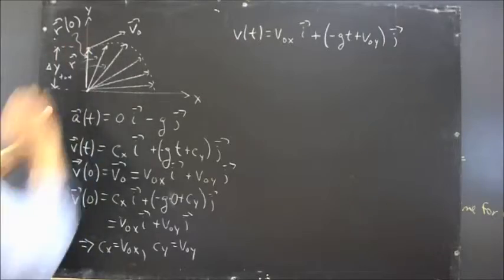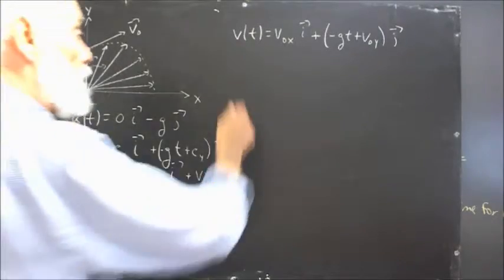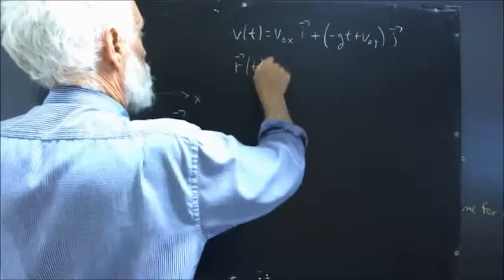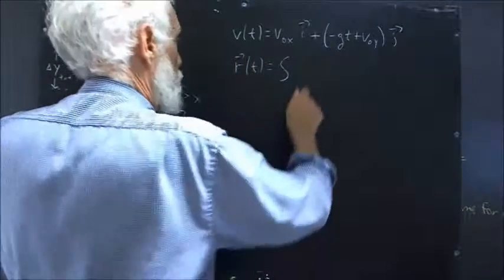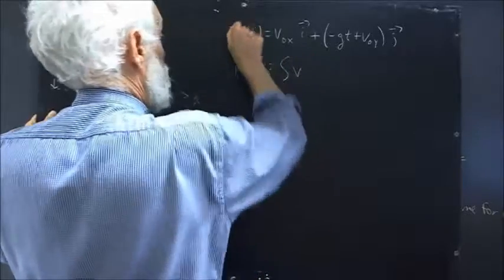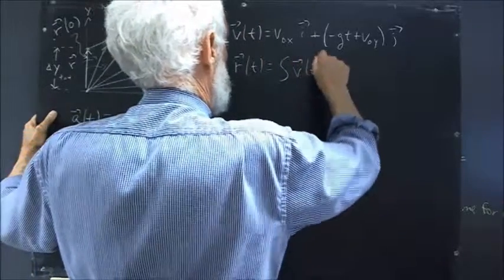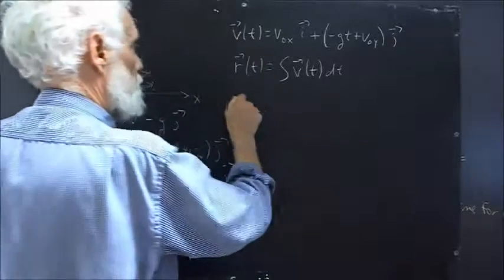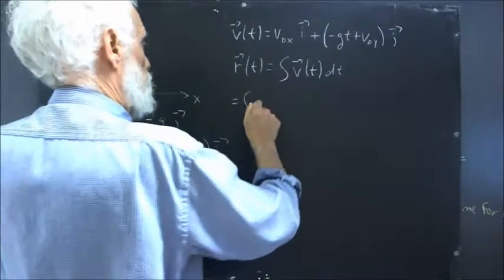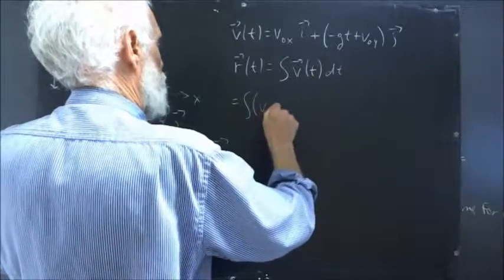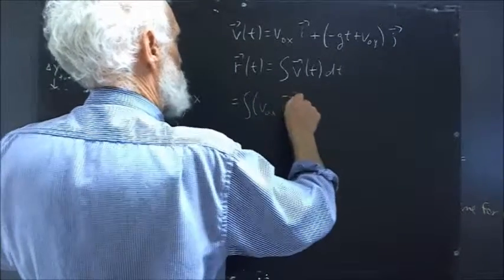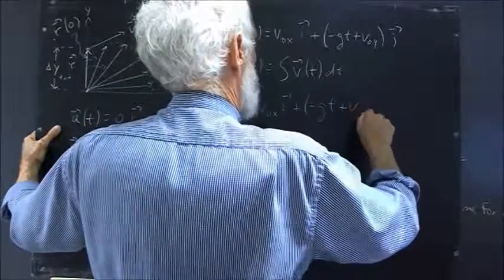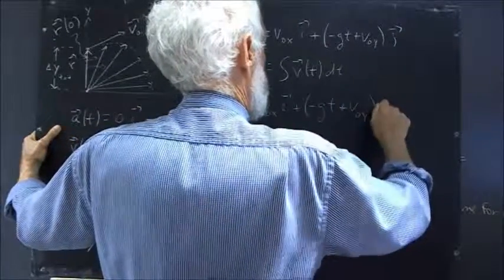So our r of t vector is going to be the integral of our v of t vector with respect to t. That's going to be the integral of v0x i plus negative gt plus v0y j with respect to t.